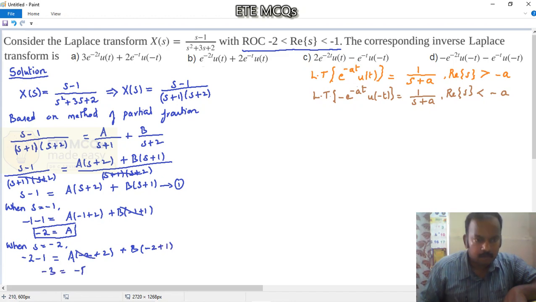Finally, we get minus and minus upon cancellation, B is equal to 3.